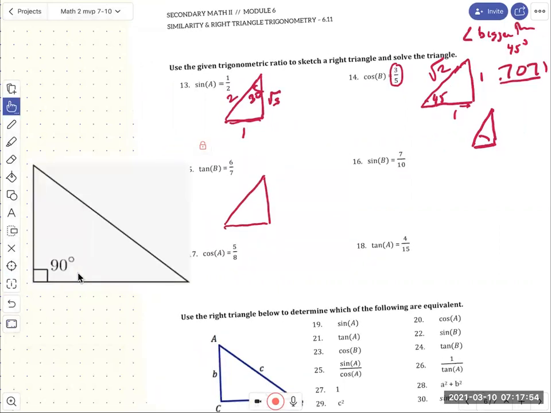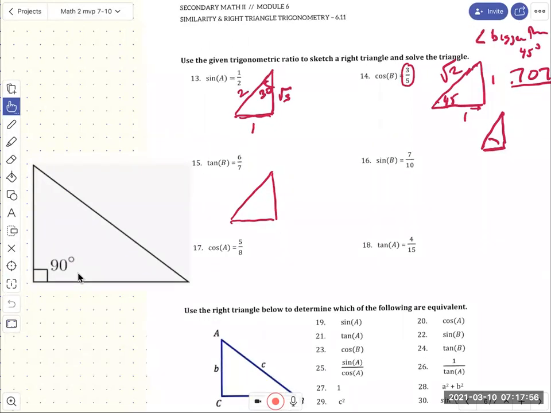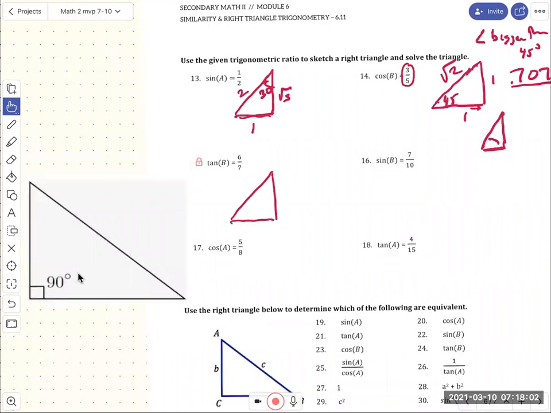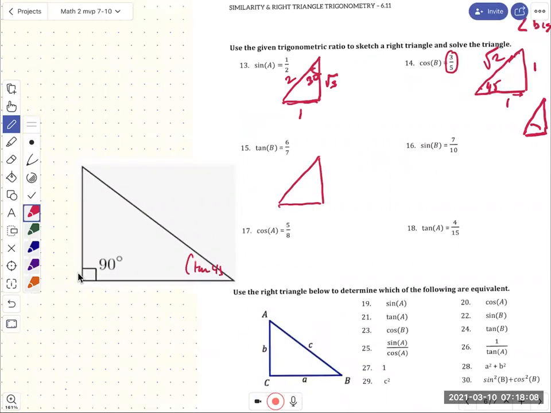Let's say that you got this. This is tangent of 45, and tangent of 45 is 1 to 1. Okay, so it's 6/7, so it's going to be smaller, a little bit less. If it was a little bit less, then this would be less than 1. So it might be 6/7 to 1.